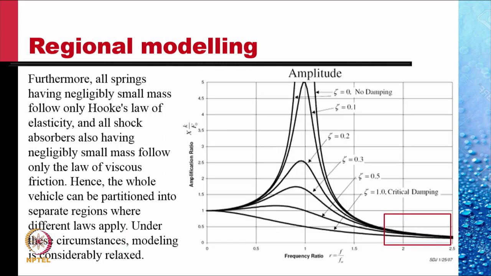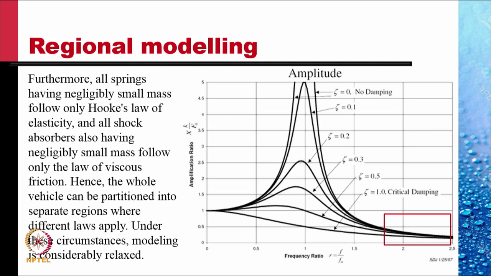On the other hand, all springs have negligibly small mass and follow only Hooke's law of elasticity, and all shock absorbers also having negligible mass follow only the law of viscous friction. So the masses of springs and of dashpots are ignored.